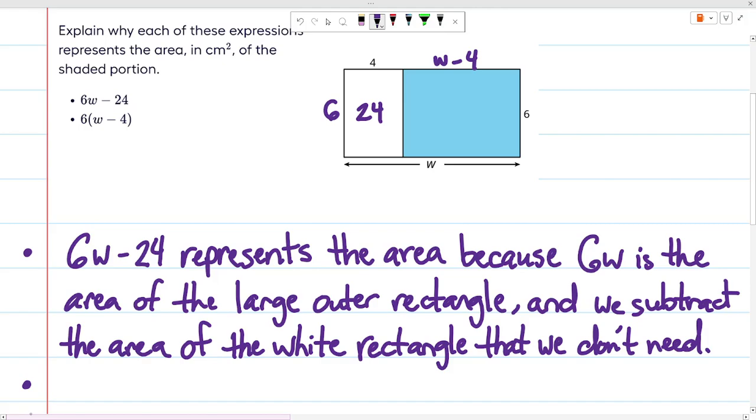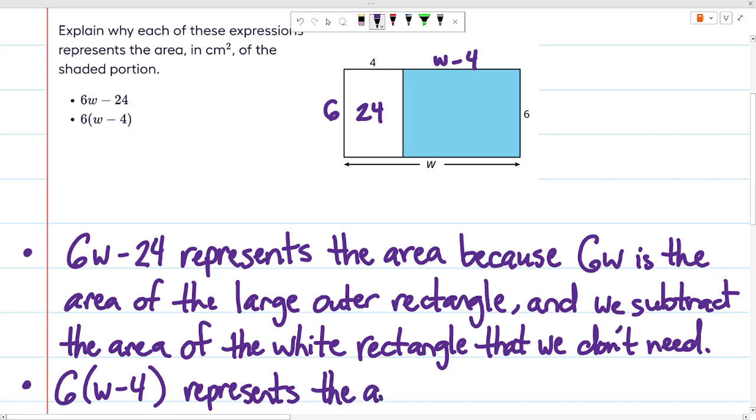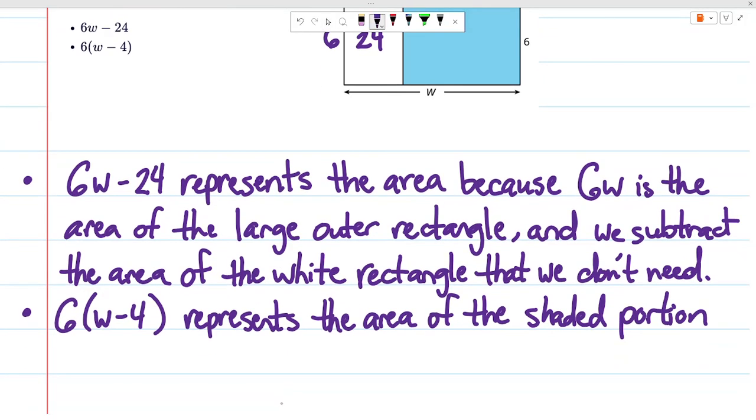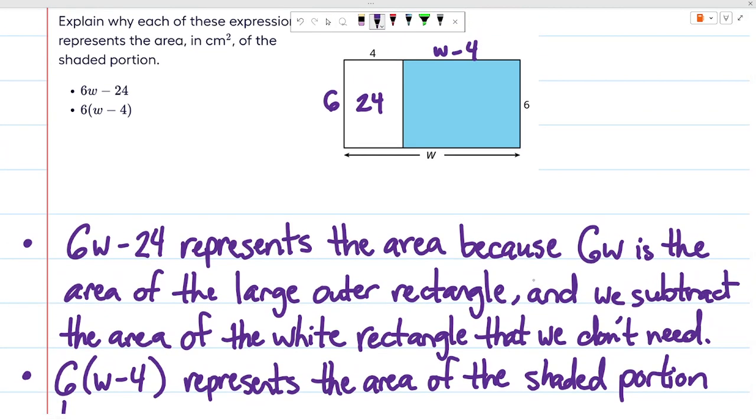Now let's look at the second expression. 6 times quantity W minus 4. This represents the area of the shaded portion because, why? How do we know that 6 times W minus 4 is the area of this shaded portion?